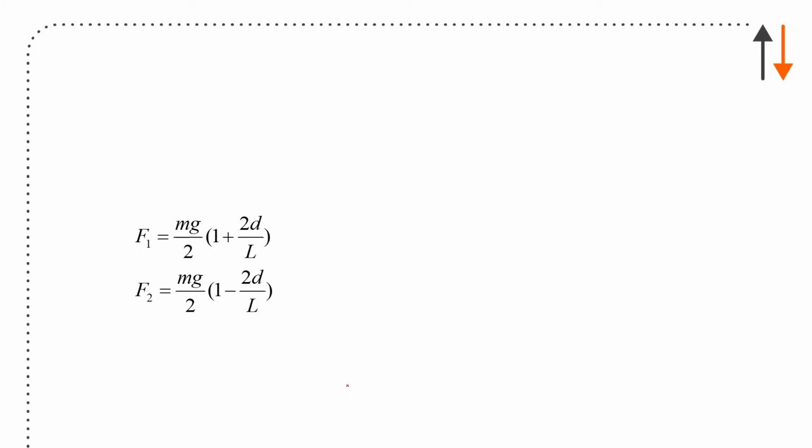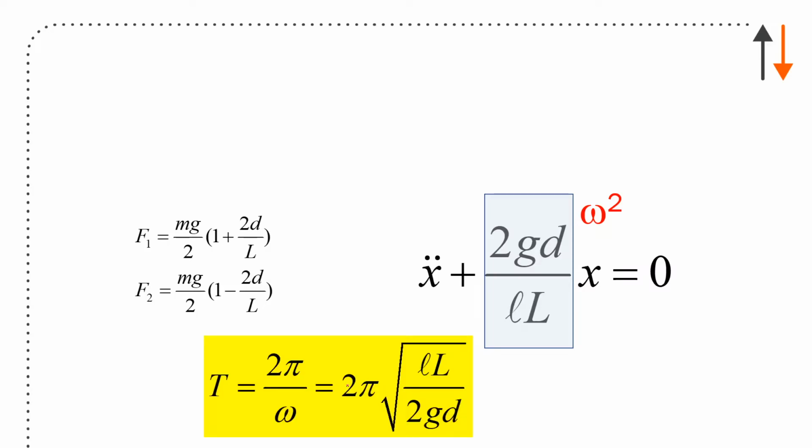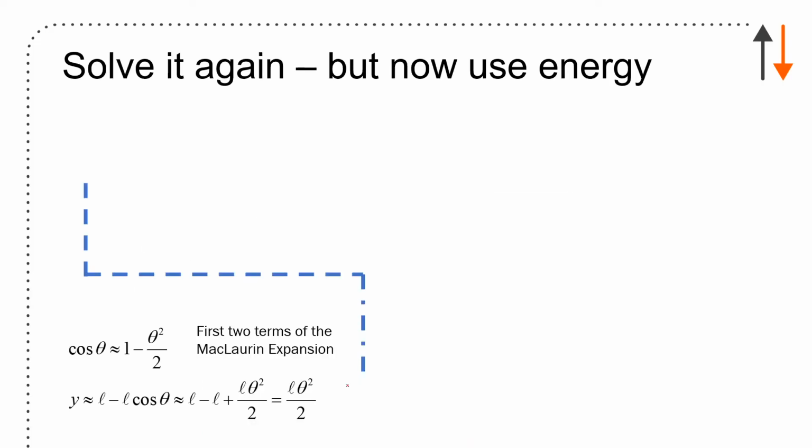Both of those are going to depend on distances, and I end up with x double dot plus 2 g d over L squared times x equals 0. That's my omega squared. That's my period of vibration, and I end up with 2 pi square root of L squared over 2 g d. Okay.